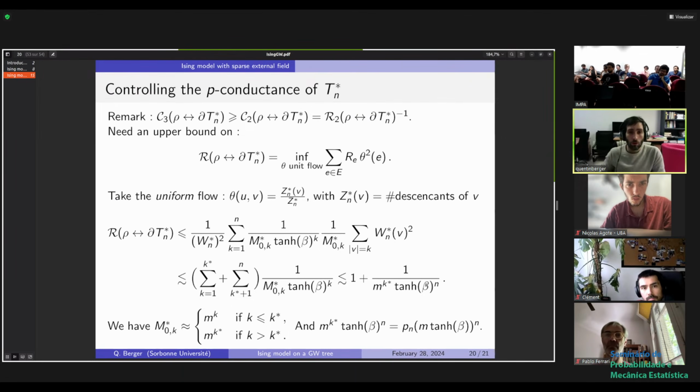Okay, so the thing is that here you have some kind of monotonicity between the p-conductances, right? The smaller p is, the smaller the p-conductances. So in principle, you could compare it with some conductance with p very close to 1. And here what you have to replace this 2 by p.